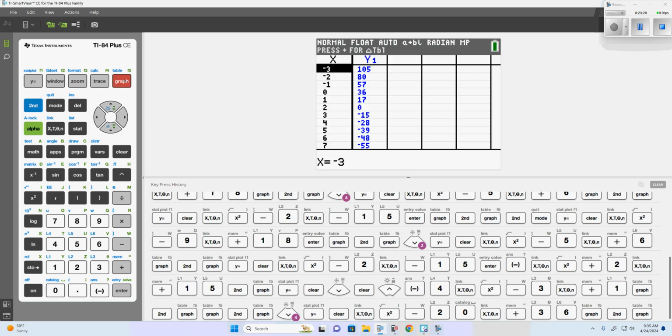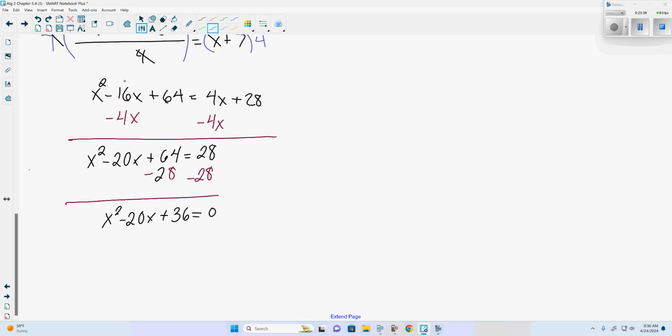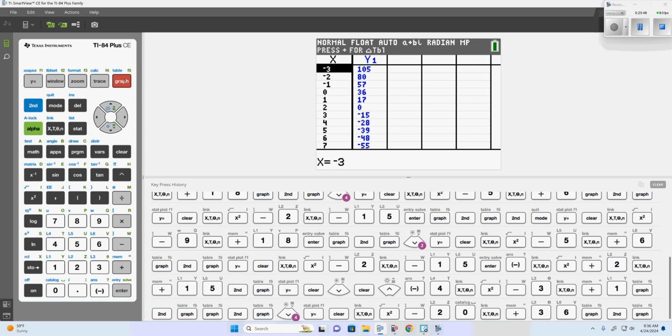One of our solutions is 2. What's the other factor that goes along with 2 for 36? Because 36, if we, again, because it's 1 and 36 or 2 and 18, yes?